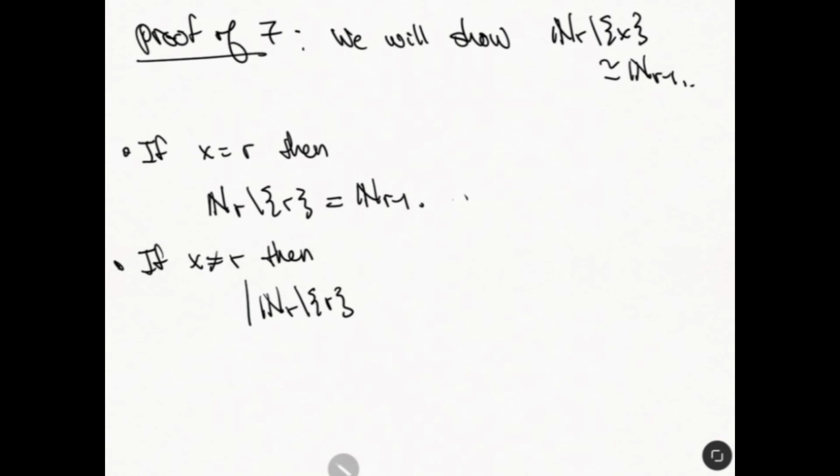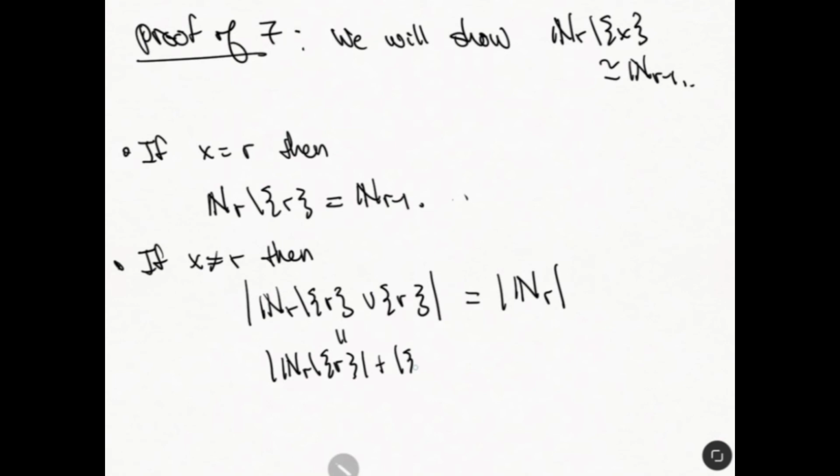Maybe this is cheating a little bit. So we have two disjoint sets here. This is n sub r. Now we have two finite disjoint sets. This is the cardinality of n sub r, plus the cardinality of this thing here is equal to this cardinality. So this tells us that the cardinality here, plus the cardinality here, is equal to the cardinality here.